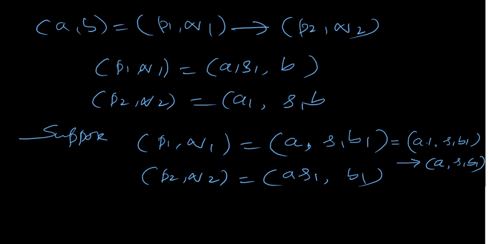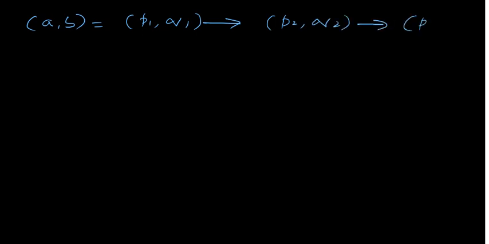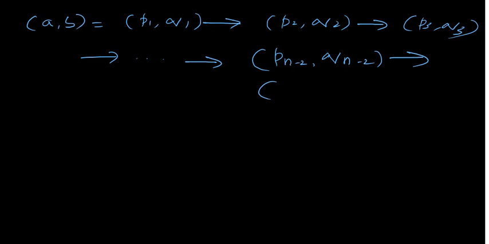So what do we have now? We have this sequence of transitions, AB, which is equal to P1 Q1. Then there is a right move to P2 Q2. Then there is a left move to P3 Q3. Then again there is a right move, and it ends with the last move, again the right move, Pn minus 1 Qn minus 1.